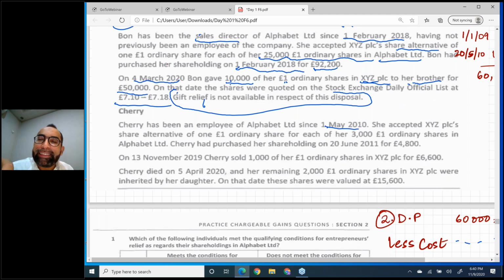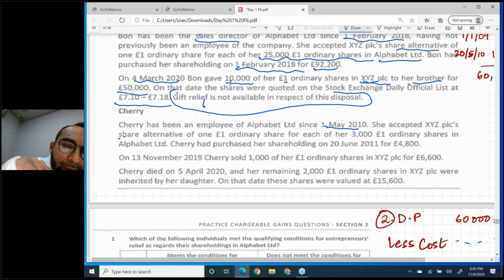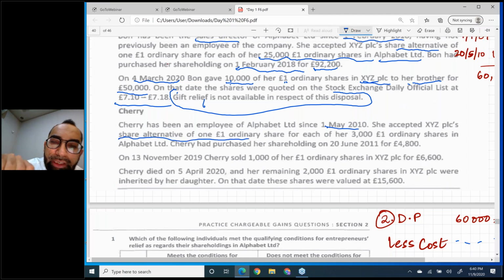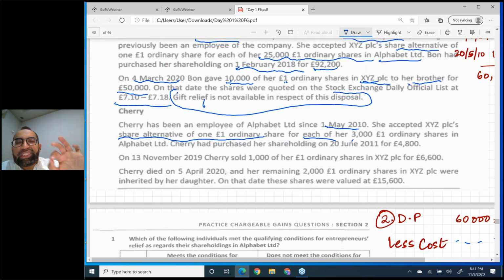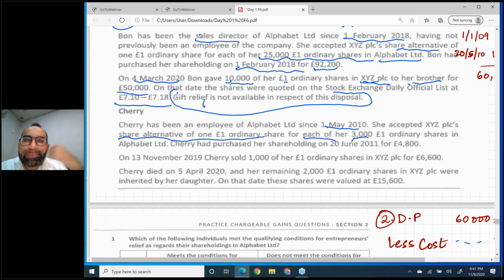But she accepted the XYZ PLC share alternative of 1 ordinary share for each of her shares, and she had only 3,000 shares. The total number of shares of Alphabet Limited was 100,000.